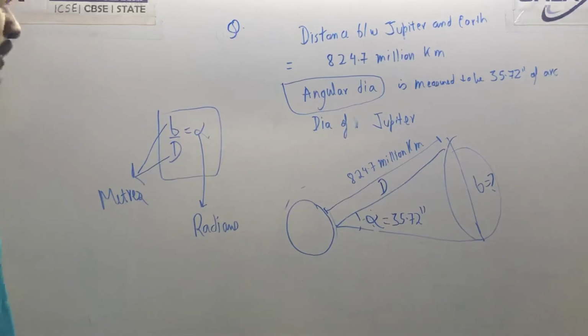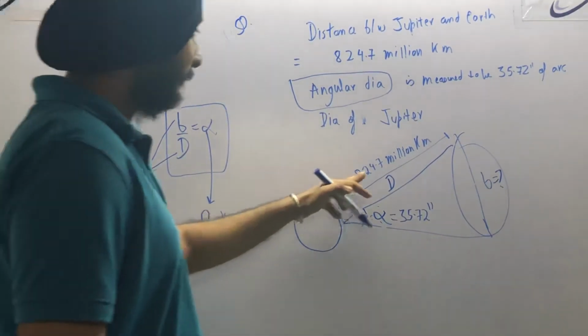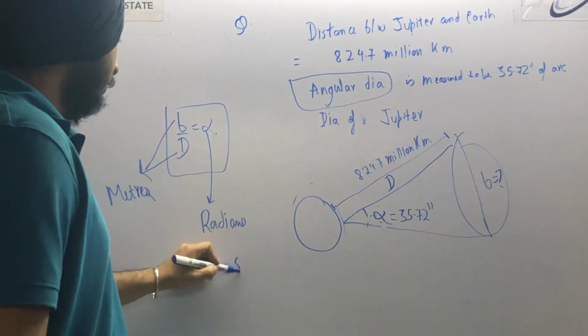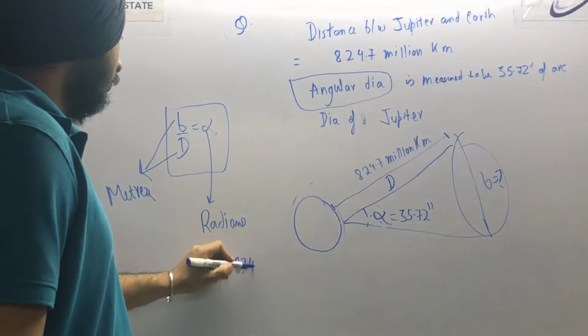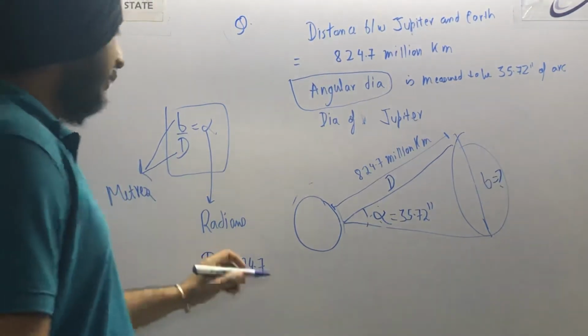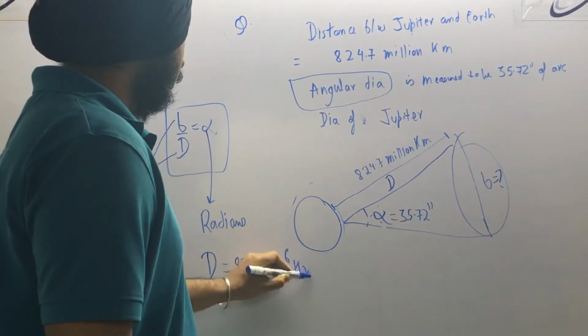Now first of all we will convert the distance into meters. So D is how much? 824.7 million kilometers, so million is 10 raised to the power 6 kilometers.